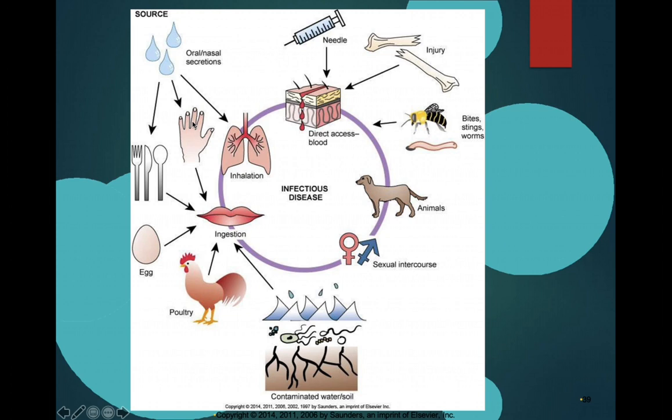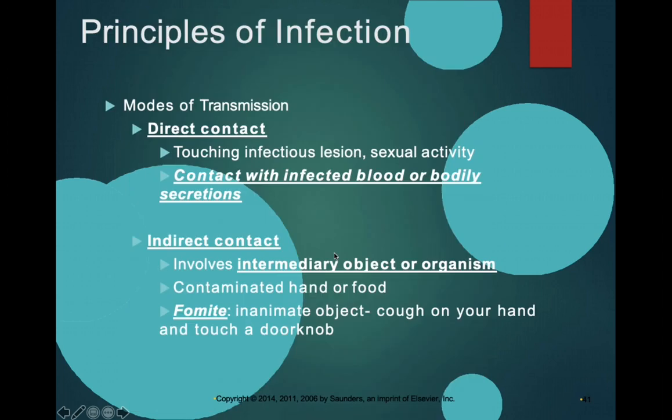Get your hands out of your mouth, so many parents tell their kids, right? Think of how many people share needles, right, with the drug epidemic and heroin epidemic that's happening. It can happen from injury, can happen from insect bites, from animals, STDs, come from so many different sources.